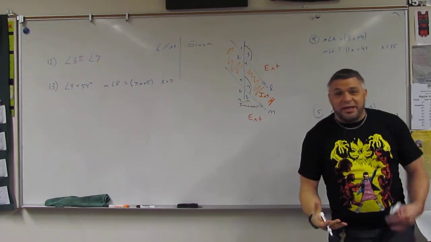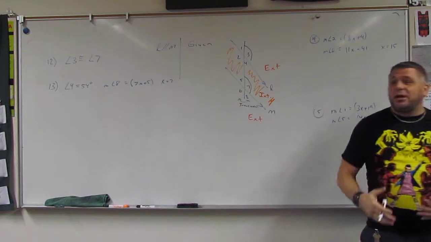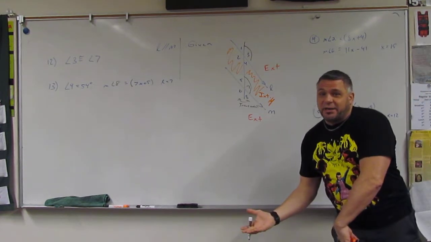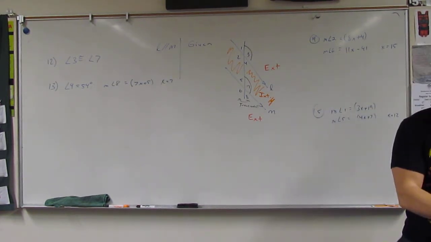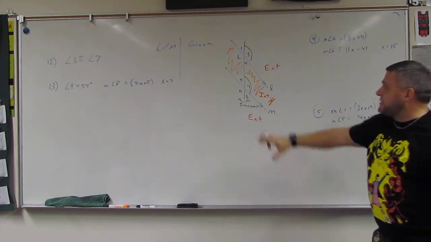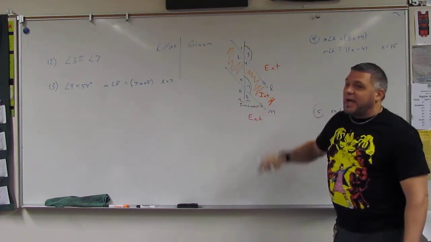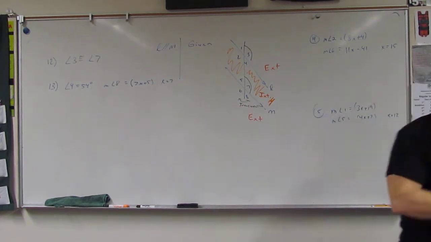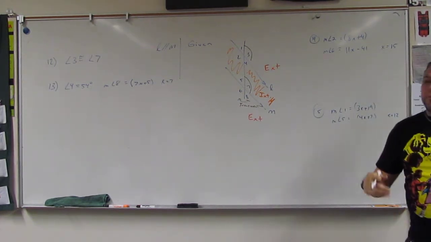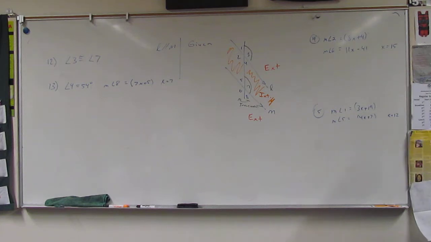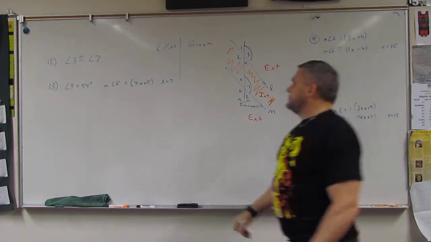They're not alternating, so it's not alternate interior. They're not alternate exterior. They're same side, but they're not same side interior because they both aren't inside. They're not same side exterior because they're not both outside. So they're the same side interior exterior, which the book calls what? Corresponding. Yes.